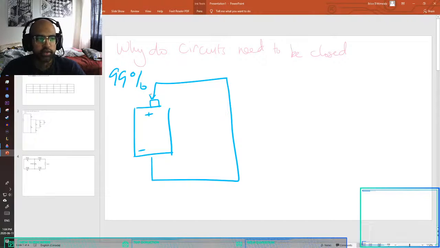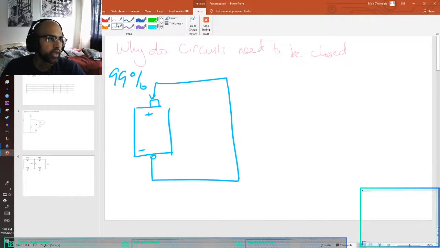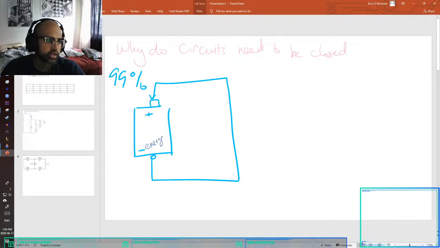By putting conducting wire to connect the positive and the negative terminals, we have energetic electrons here, and they need a way to go to a place with low potential.